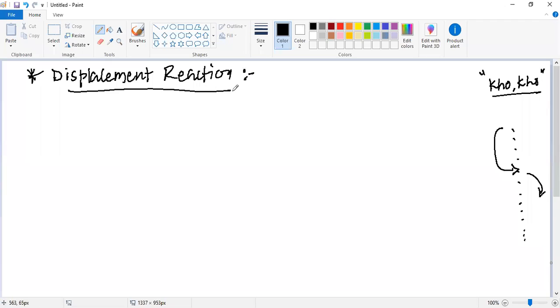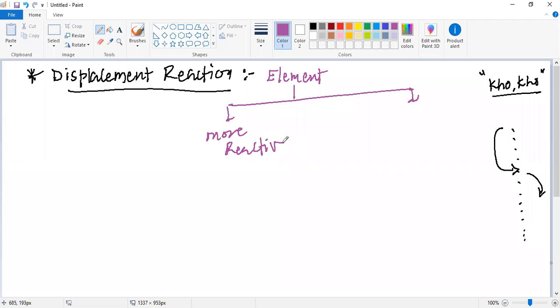Now, in a displacement reaction, there are some elements which are more reactive and some elements which are less reactive. So we can classify elements as a more reactive element or a less reactive element.